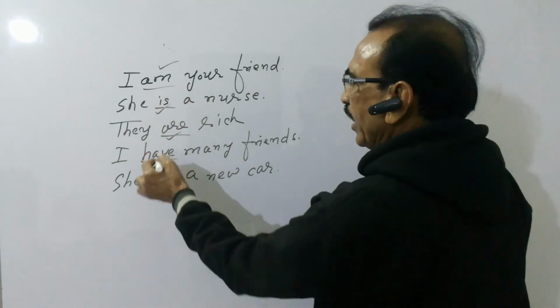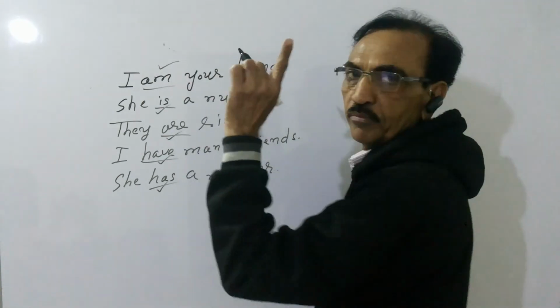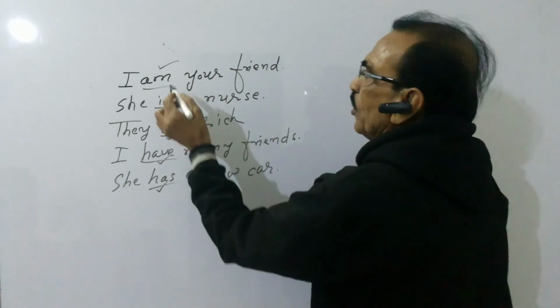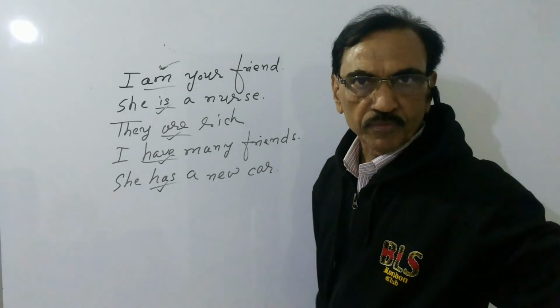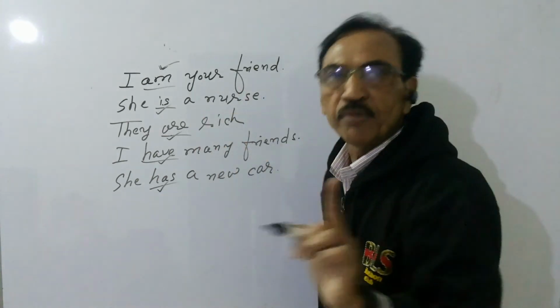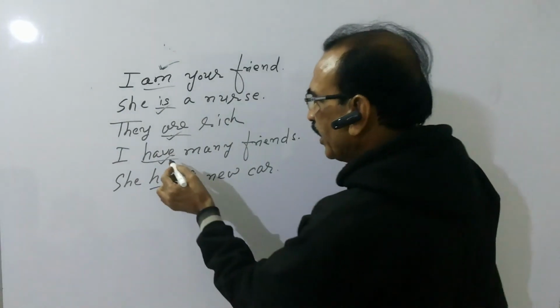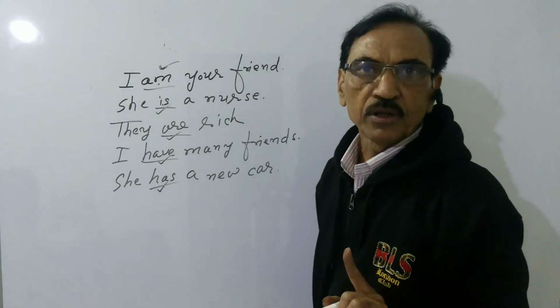Am, is, are, have, has. They have been used in this sentence as the main verb. Remember friends, we use am, is, are as a helping verb in continuous present tense. But here am, is, are used as the main verb. Similarly, have and has we use as a helping verb in perfect present tense.